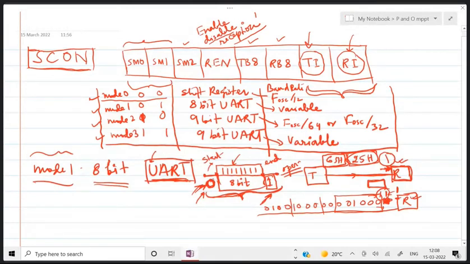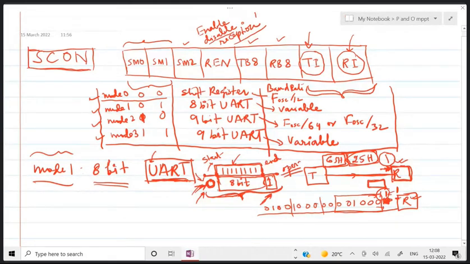Okay, so this first bit is actually not stored by the receiver, rather it is discarded, and from the next bits the data are stored. Okay, is it fine? So that is the concept.